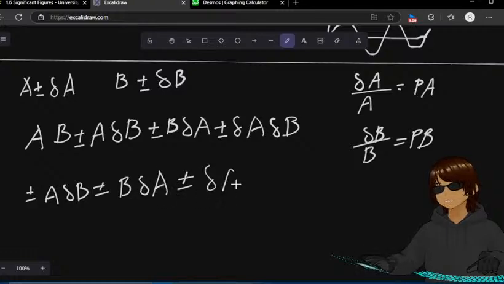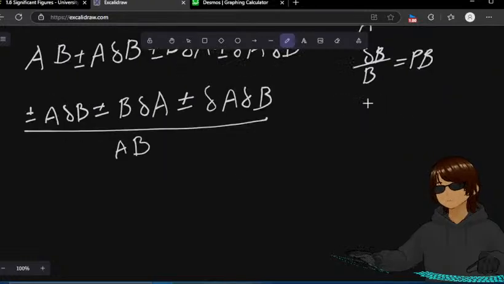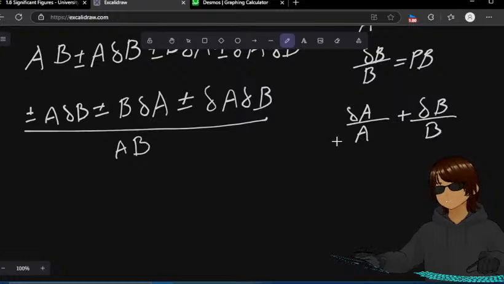The thing I'm trying to figure out is why do we add the uncertainties? This is the percentage uncertainty. If we add these two, we get percentage A, and percentage B. Multiply both sides, we get this, right?